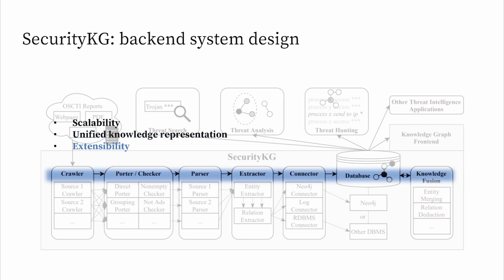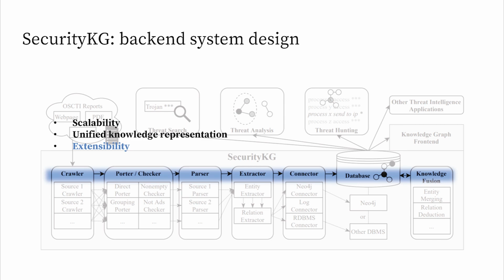To make the system extensible, we adopt a modular design, allowing multiple components with the same interface to work together in the same processing step. For example, SecurityKG by default uses a Neo4j connector to export knowledge into a Neo4j database.